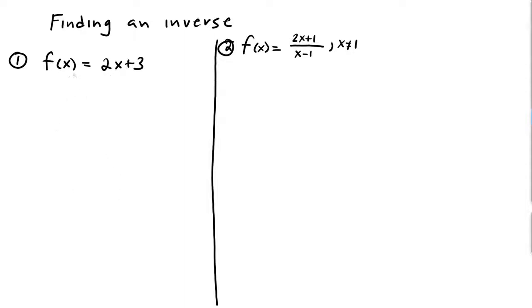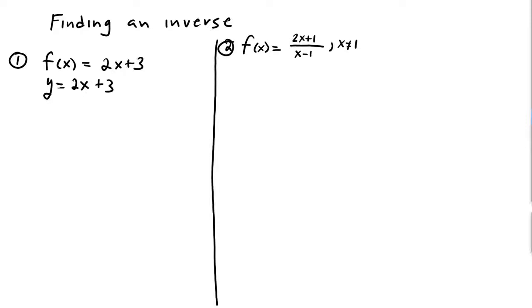Now remember, the relationship between the function and its inverse algebraically is the swap between the domain and the range. So the first thing I want to do is write this using domain and range variables. So that means y for the range is 2x plus 3. Then the inverse function is going to have the range of f be the domain of f inverse, and the domain of f is going to be the range of f inverse.